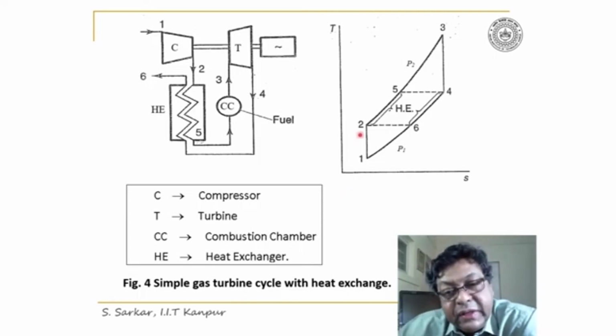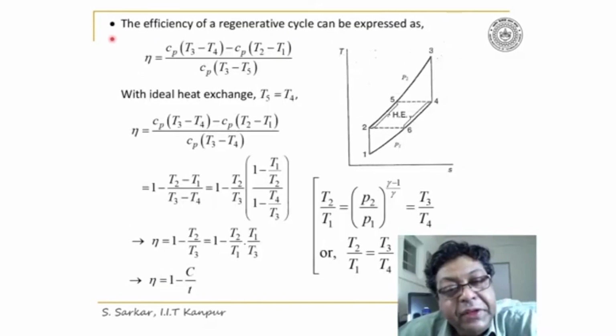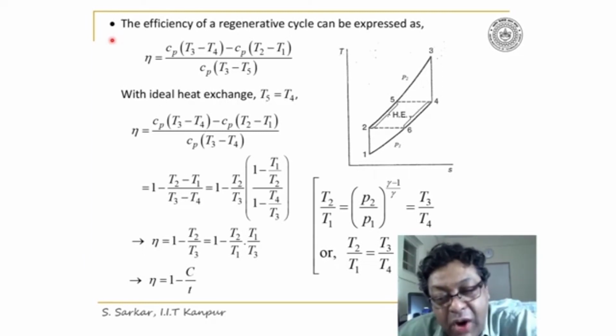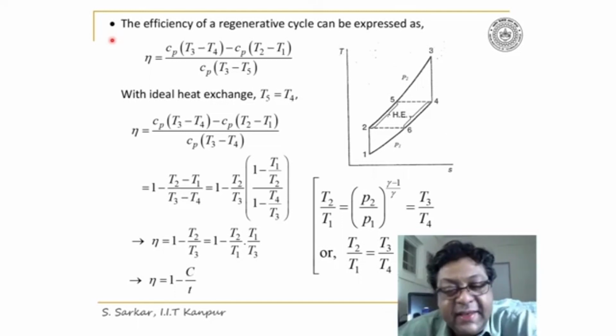Here, we have considered the heat exchanger as perfect. That means I am considering T5 is equal to T4, and T2, the temperature at state point 2, is equal to T6. The efficiency of a regenerative cycle can now be expressed as eta is equal to turbine work minus compressor work divided by heat added to the cycle.